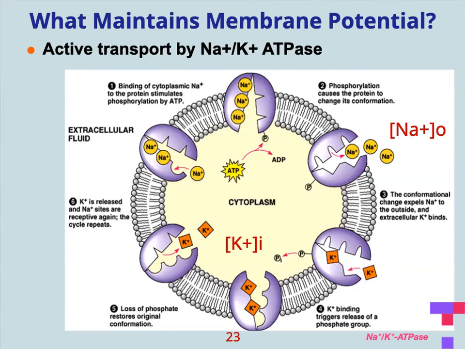To recap, sodium potassium ATPase is an enzyme and a carrier protein that moves 3 sodium ions out and 2 potassium ions in for every ATP molecule used.